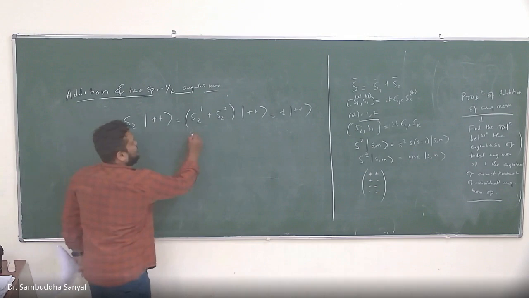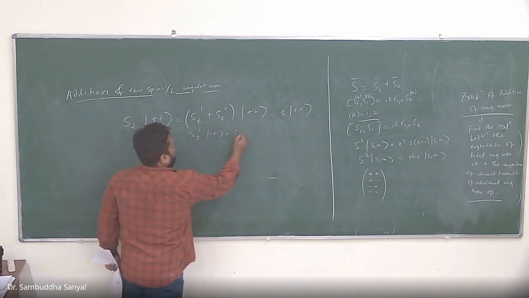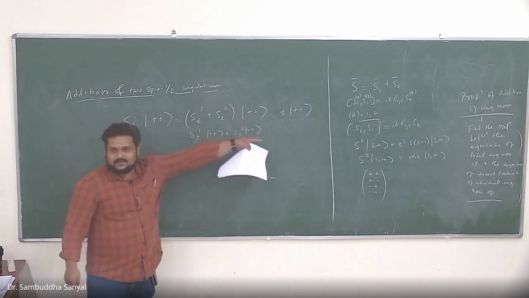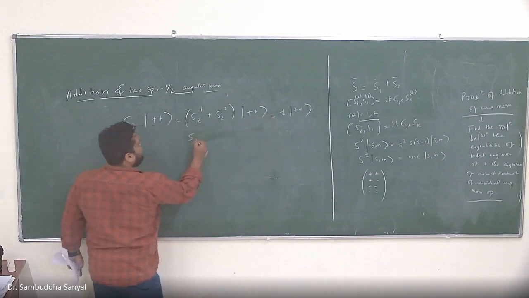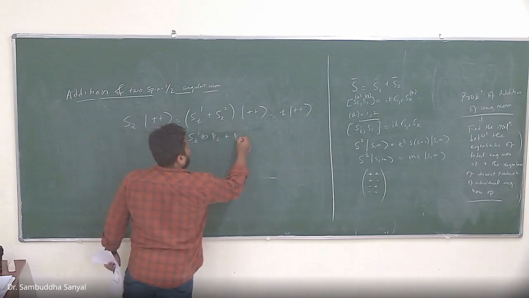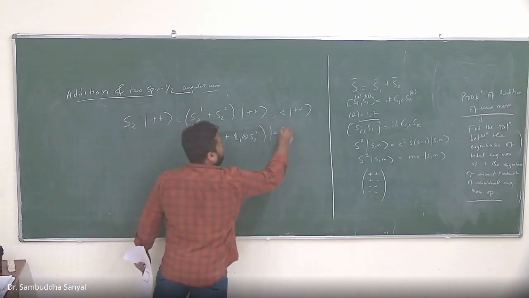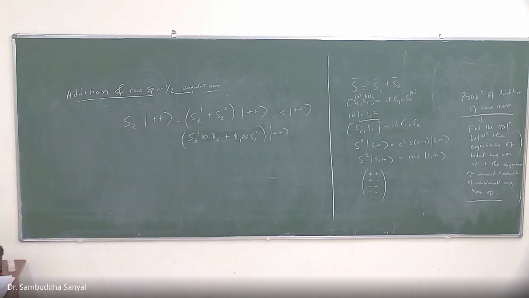This one you know, right? So this will give you h bar by 2, this will give you h bar by 2. But if you want to write a matrix form, it should be written like this, because this has to be 4 by 4, right? Then it can act on this class. This is the actual form and this is the shorthand. You should always keep it at the back of your head.